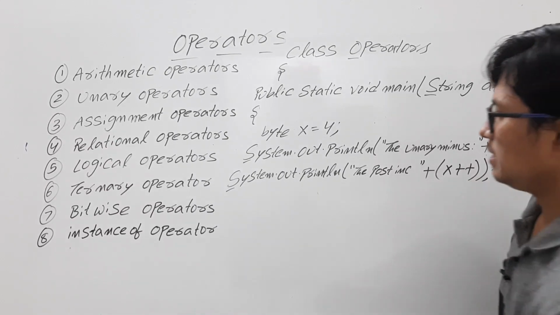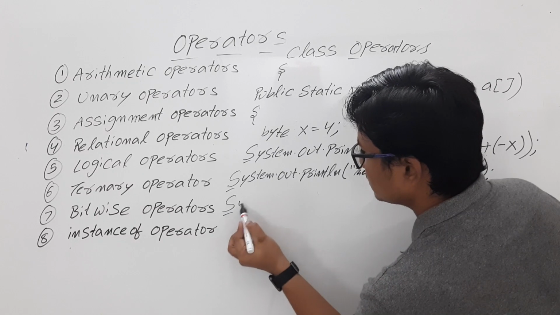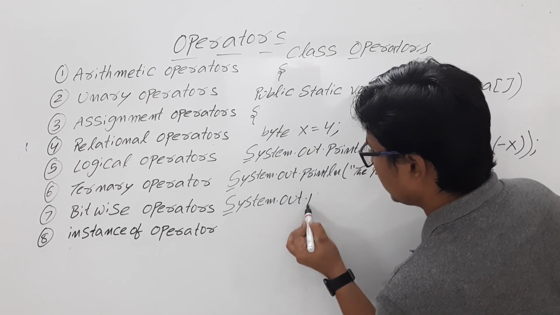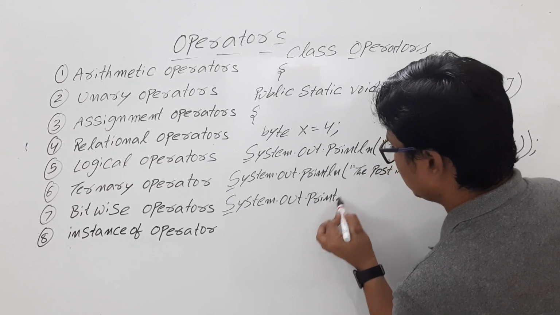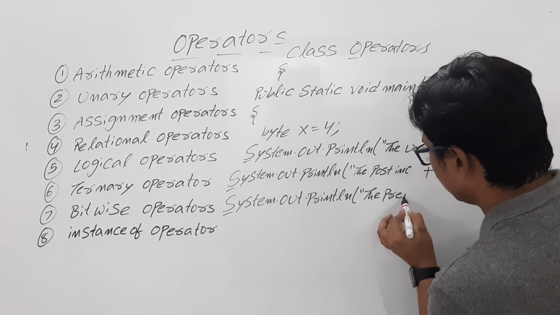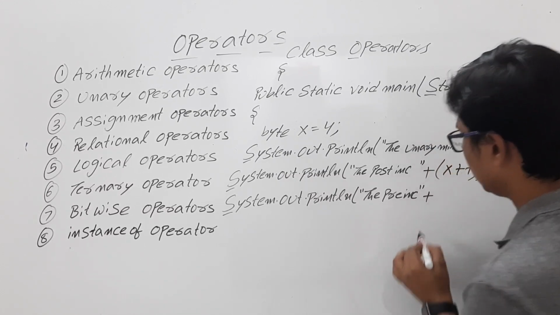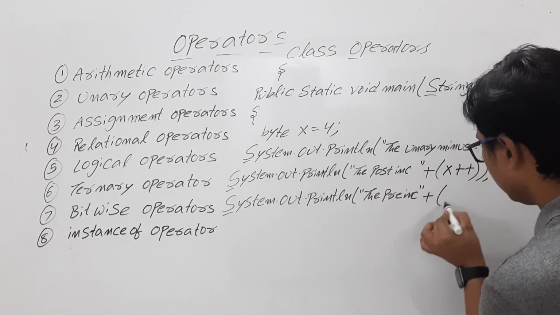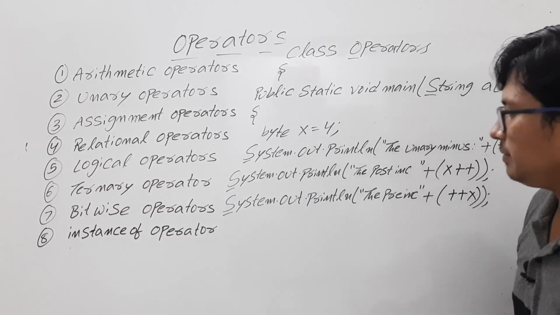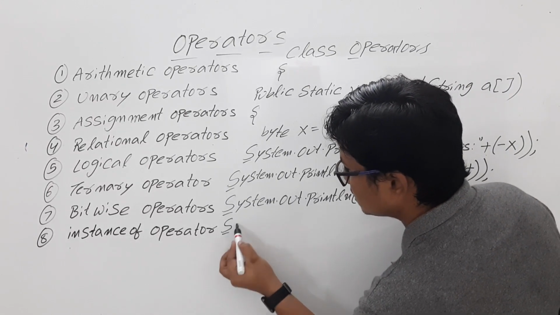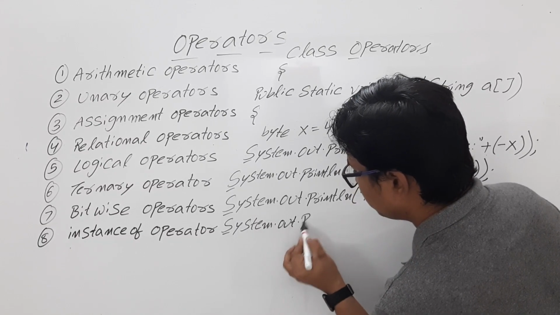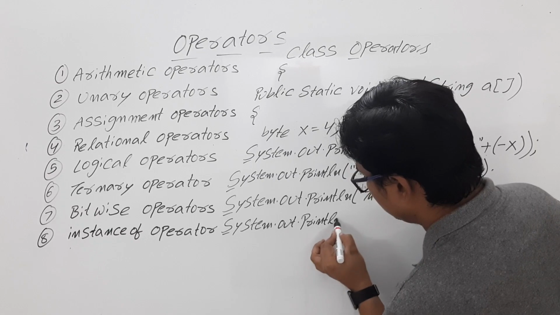Similarly, here I will write system.out.println and then I will write the pre-increment. I will write concatenation and then I will write plus plus x. Then I will write system.out.println.